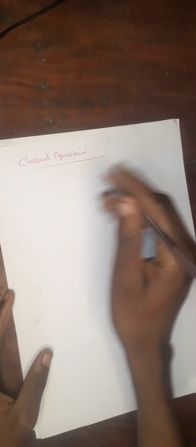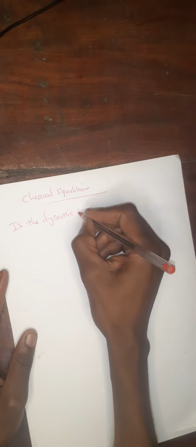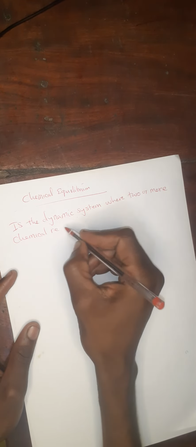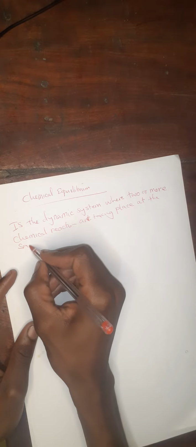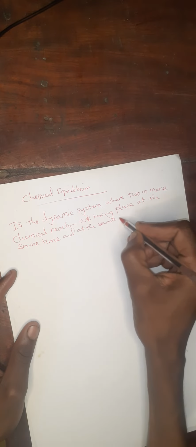So chemical equilibrium is a dynamic system where two or more chemical reactions are taking place at the same time and at the same rate.